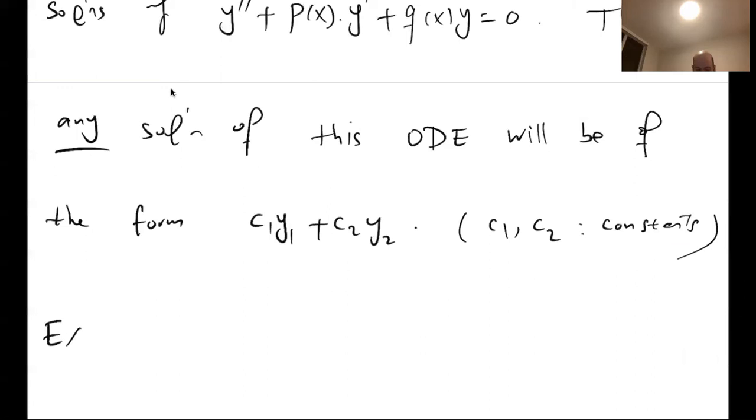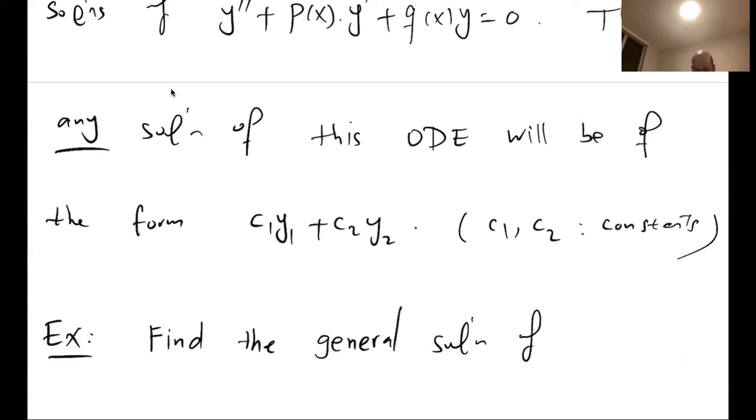So let's look at an example. Find the general solution of y double prime plus y equals 0.